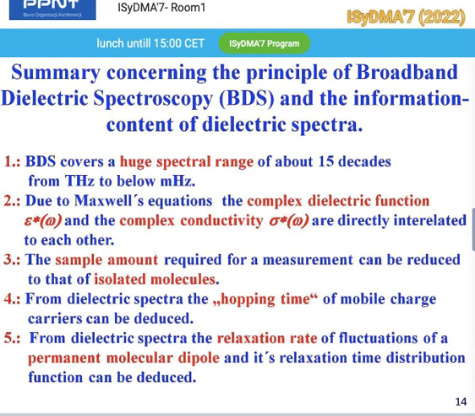If you have systems which are characterized primarily by mobile charge carriers, then you can directly extract the hopping time of these charge carriers. I will give you examples. In dielectric spectra, you measure primarily the fluctuations of permanent molecular dipoles. And of course, you also measure the temperature dependence of the relaxation rate and the relaxation time distribution function.